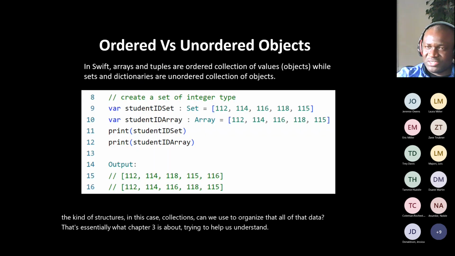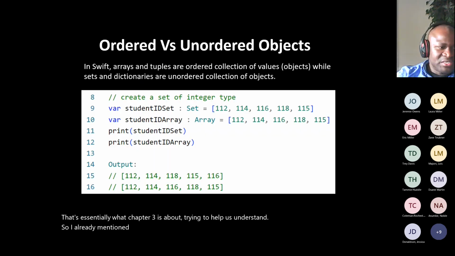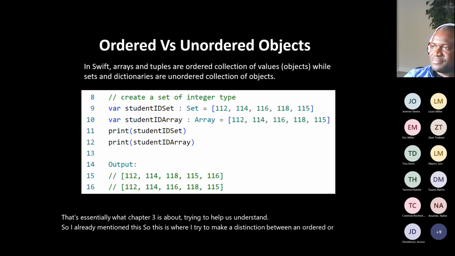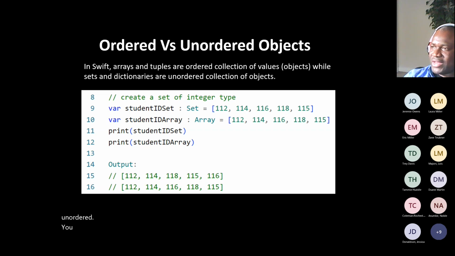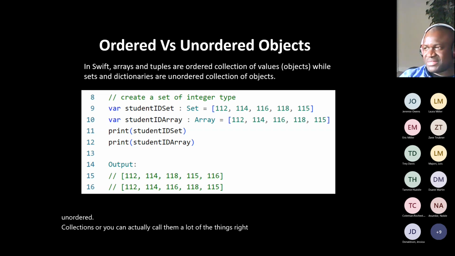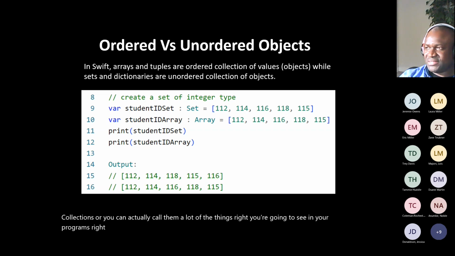So I already mentioned this. This is where I try to make a distinction between ordered or unordered collections, or you can actually call them objects. A lot of the things you're going to see in your programs are designed around objects.